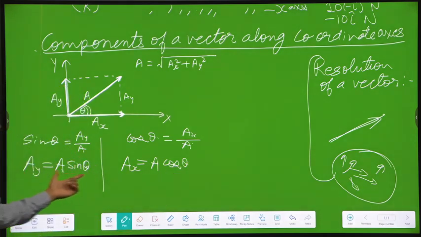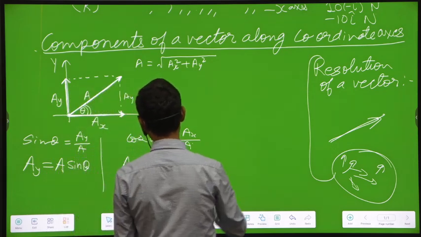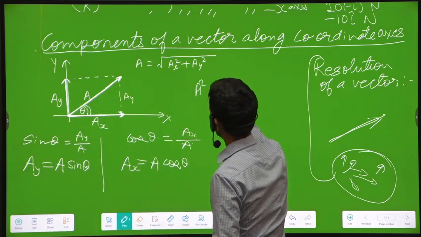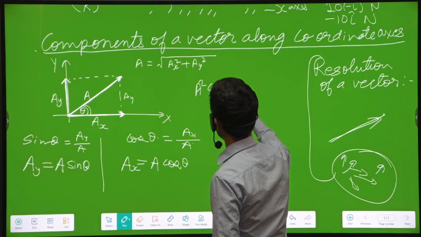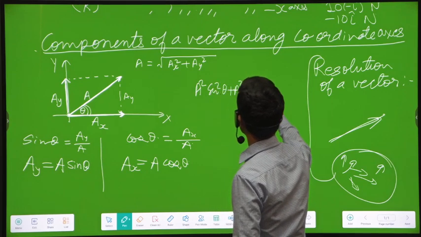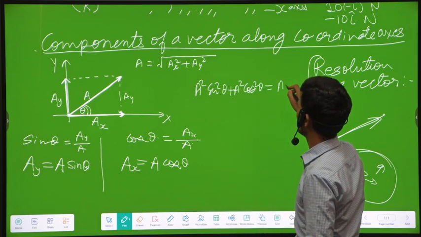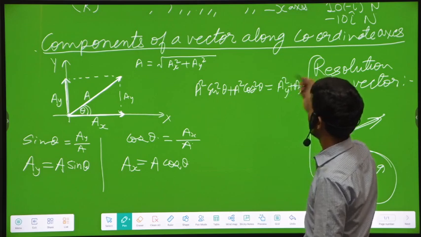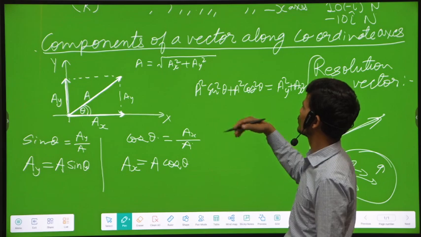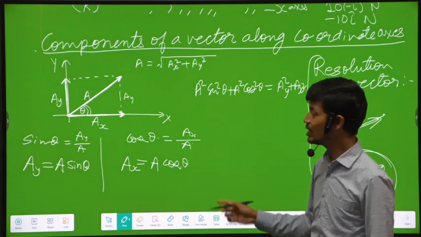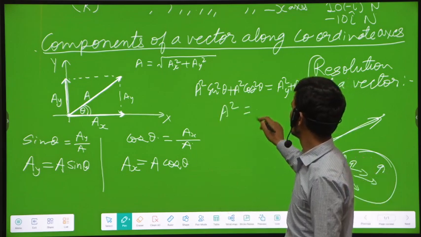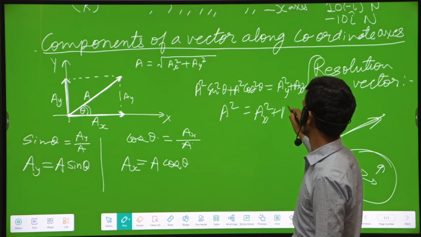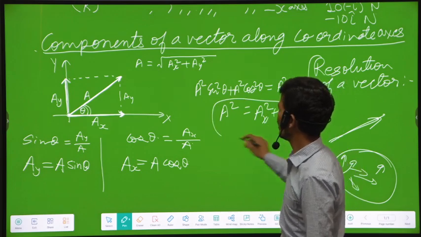Now if we square and add both of them, we will get a square sine square theta plus a square cos square theta, and on the other side we would have ay square plus ax square. If we take it common, sine square theta plus cos square theta will be 1. So finally we will arrive at the same result as given by the Pythagoras theorem.